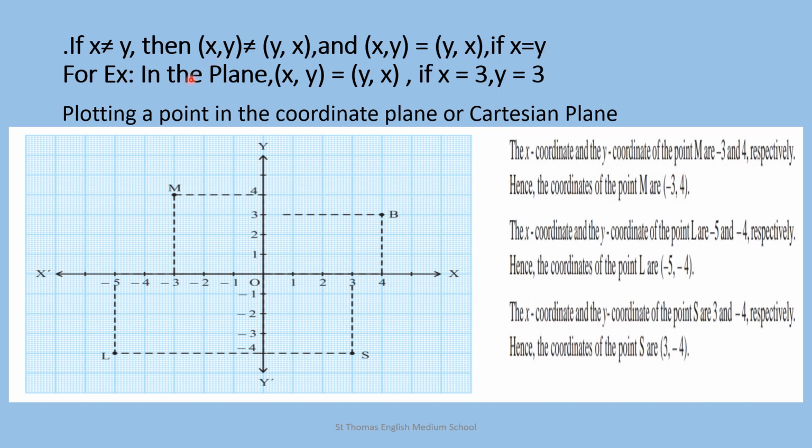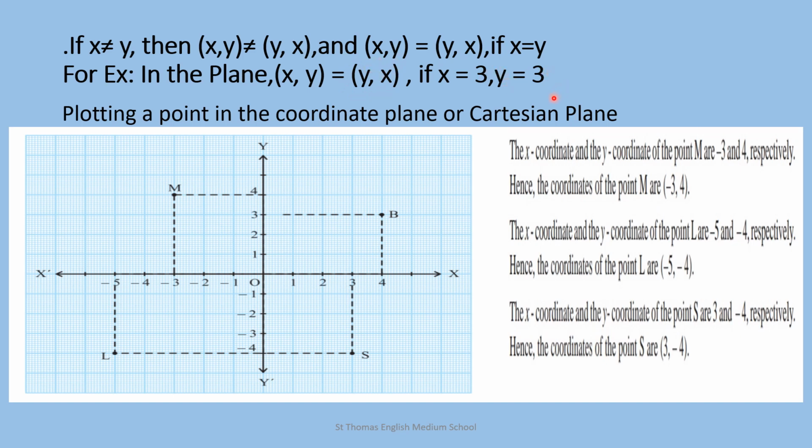Now for example, in a plane, if (x, y) equals (y, x), both the x-coordinate and y-coordinate of the first ordered pair and those of the second ordered pair must be equal.